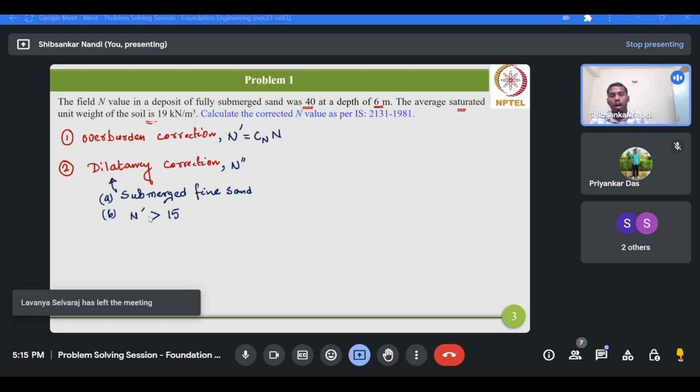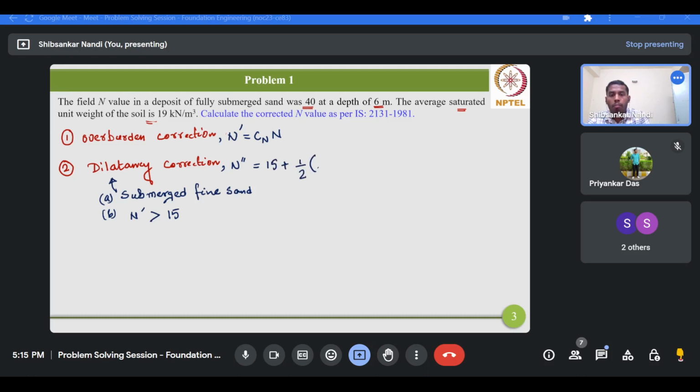Okay. Now, how will this correction look? So, N double prime would be 15 plus half (N prime minus 15). This N prime denotes the corrected SPT N value after applying the overburden correction.